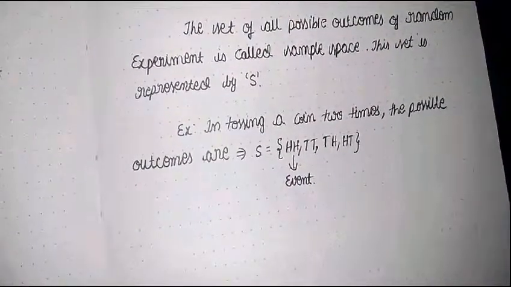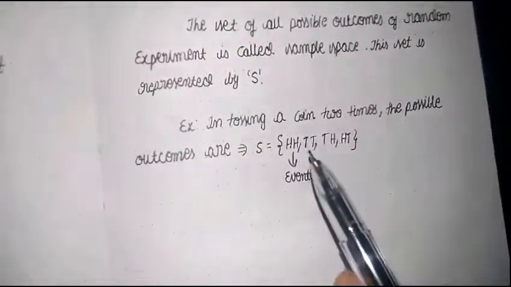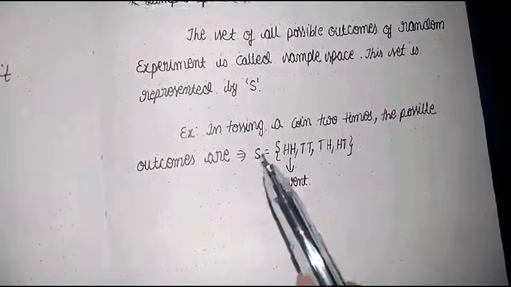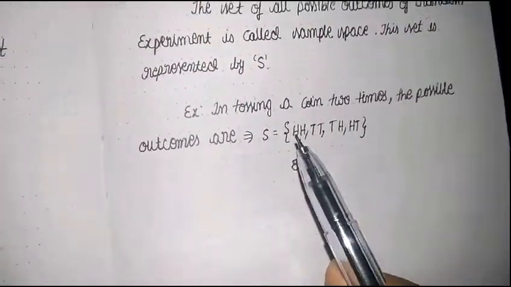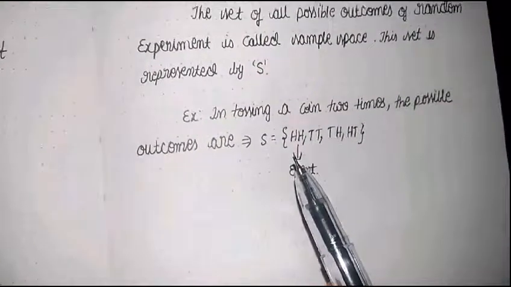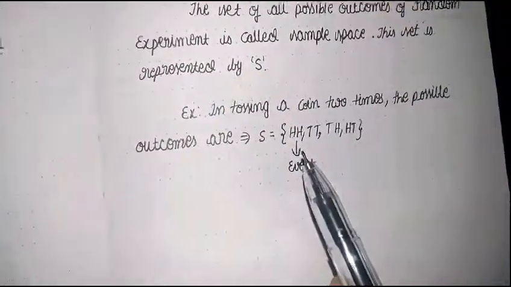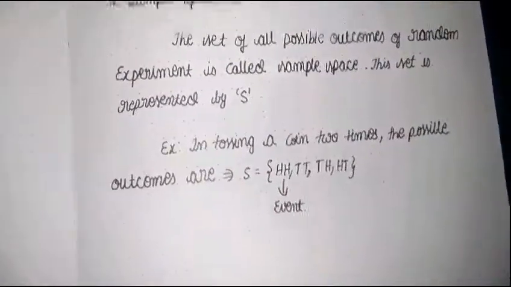So these are all the possible outcomes of the random experiment, and it is represented by the sample space S, and each outcome is known as an event. Therefore, I can say that an event is a subset of the sample space.